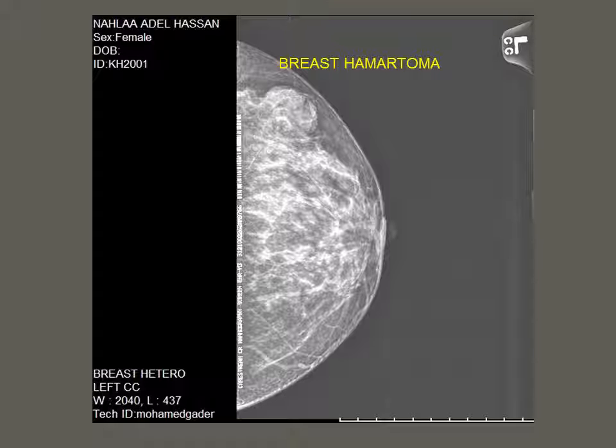A study by mammogram showing a breast mass. This is left CC. As we see, a breast mass well defined at the outer quadrant, no calcifications.